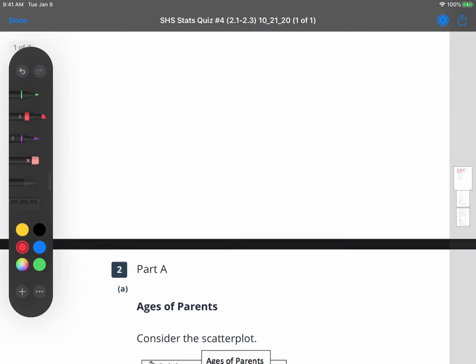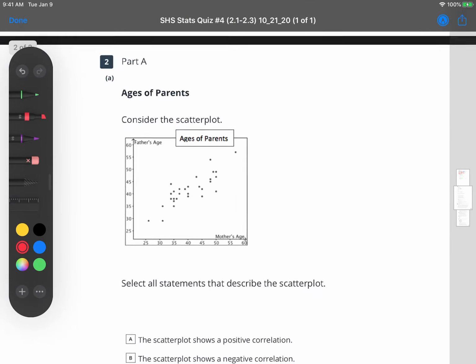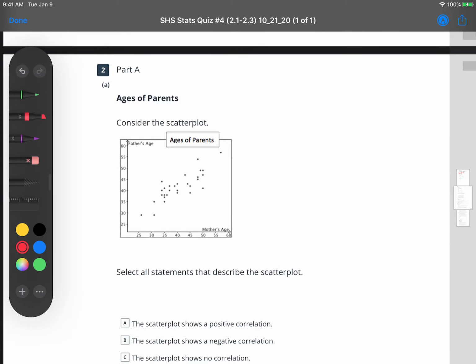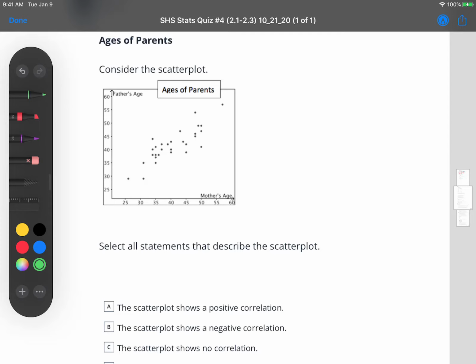Let's go to question number 2, part A, age of parents. Consider the scatter plot. Okay, so I noticed that the x-axis, or the explanatory, is the x, and then on the y-axis you have the response, or the results.